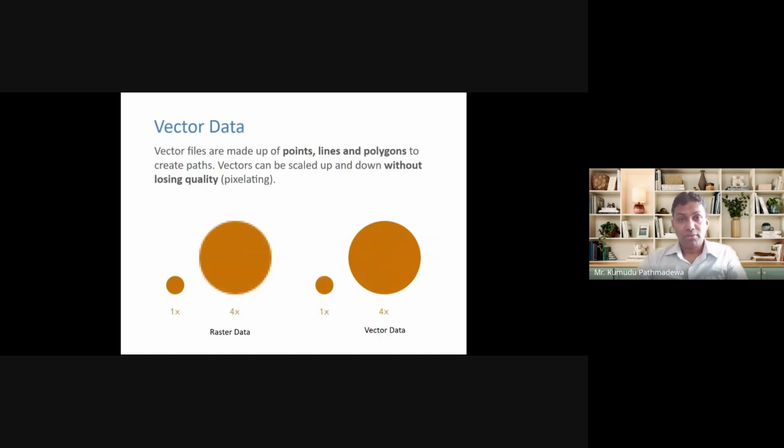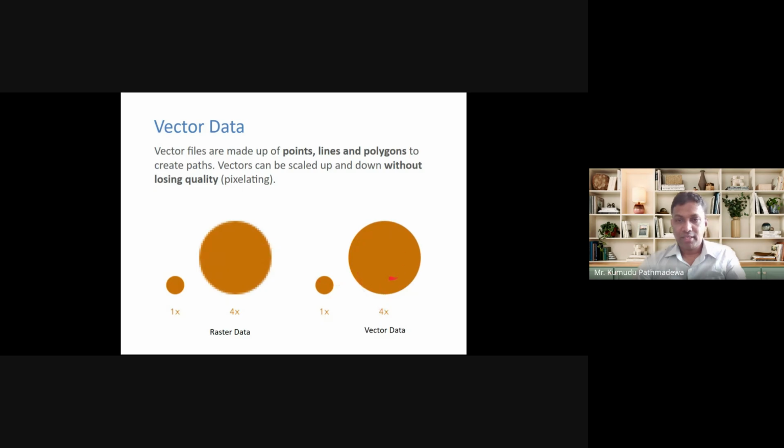And we also talked about vector data. Vector data consists of points, lines, and polygons. This format is ideal for mapping infrastructure such as buildings, roads, and administrative boundaries. One major advantage of vector data is scalability. In raster data, if you scale up, you will get a pixelated image.